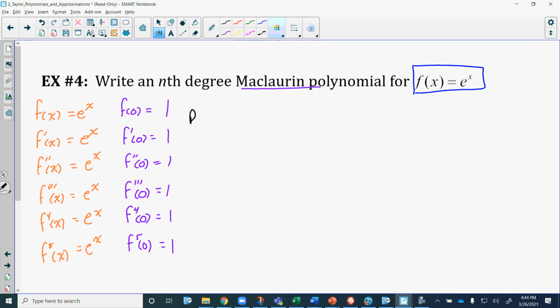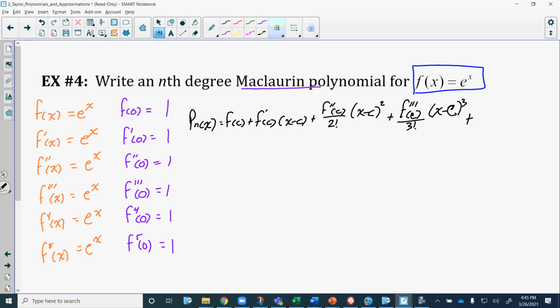P sub n of x equals f of c plus f prime of c times x minus c, plus f double prime of c over 2 factorial times x minus c quantity squared, plus f triple prime of c over 3 factorial times x minus c to the third power, plus, and we'll just keep going. I'm not going to finish writing all of them out here.